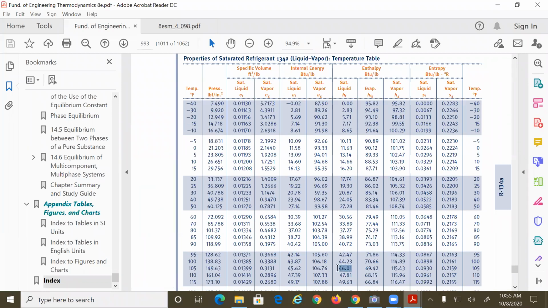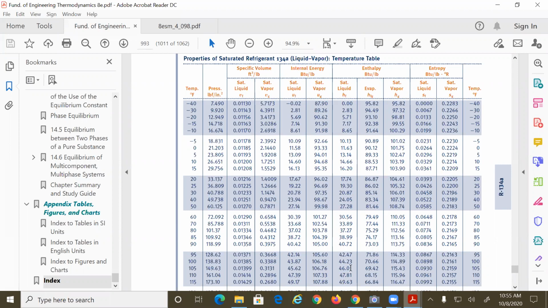So H3 or H4 equal to H3 equal to H fluid at 115, and that one is equal to 49.63 BTU per lb.